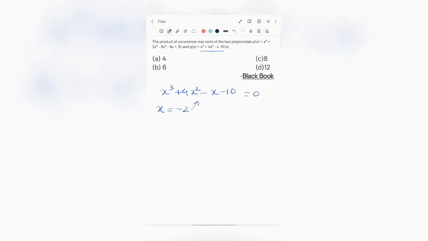So from here we can tell that x plus 2 is a factor. Now if we solve this cubic equation, we get two factors, one is x plus 2 and the other we can solve from here.